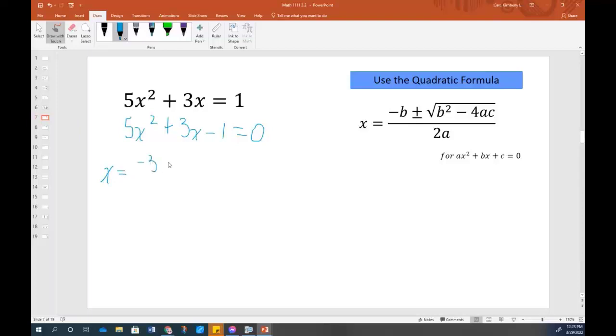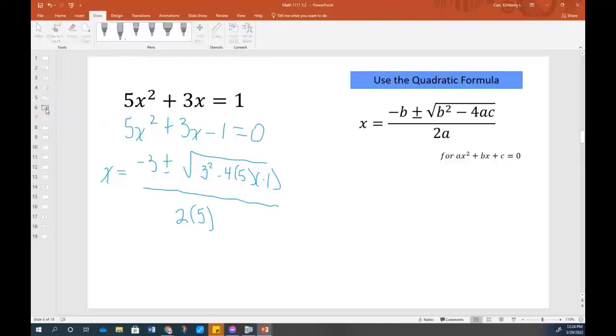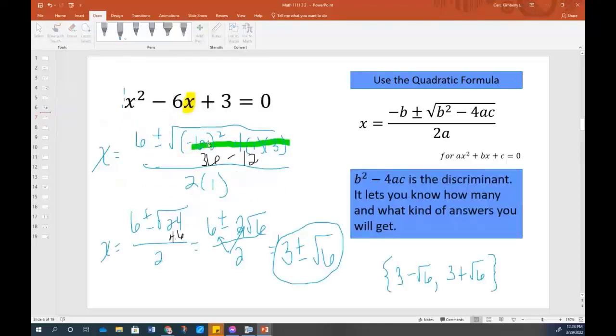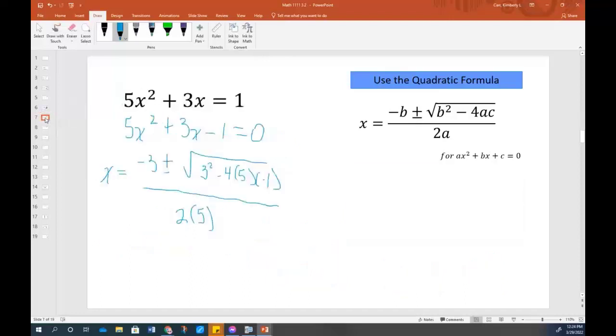x equals the opposite of b plus or minus the square root of b squared minus 4ac, all over 2a. Now I know I didn't put b in parentheses here, and I did on the previous slide, but that's because on the previous slide it was negative. And when you have a negative number, you're going to need to put it in parentheses in order for the squaring to make it positive like it should.